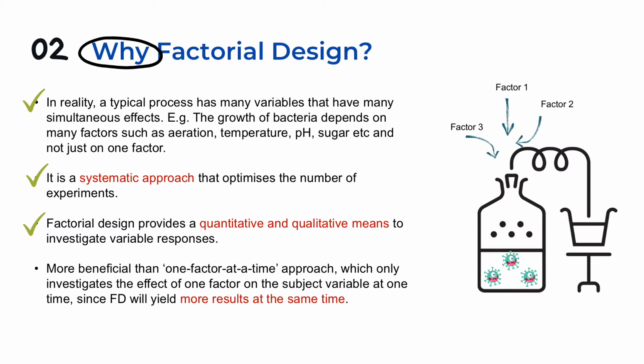This is quite related to the second point just now. And finally, it is more beneficial than one factor at a time approach in terms of the results produced, which is more, and also the reduction of time taken in order to perform the experiment, because more factors are studied at the same time compared to only one factor in the one factor at a time approach.